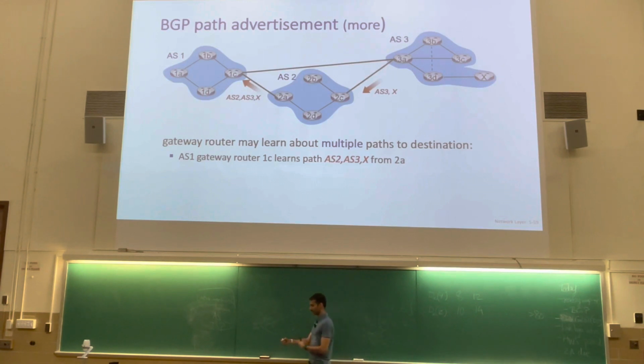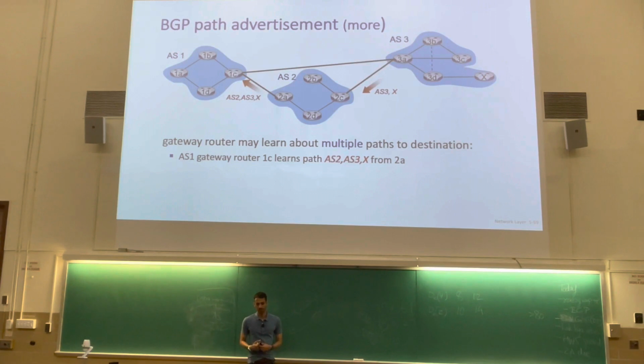That will depend on what commercial arrangement it has with AS2 versus AS3. AS1 and AS2 might be peers, where they say, let's not exchange any money for any traffic that interconnects our customers. So it's free. If so, it'll pick AS2.